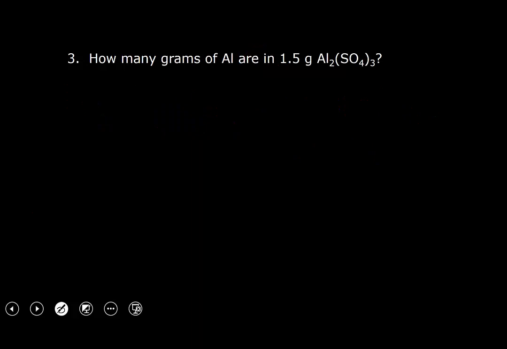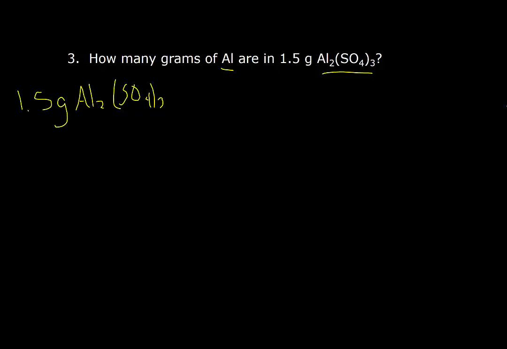And the next question, how many grams of aluminum are in 1.5 grams of aluminum sulfate? So now we're dealing with 2 different compounds, so we're going to have to do our mole-mole ratio on here. So we're starting out with 1.5 grams of aluminum sulfate, Al2(SO4)3. Sorry, my handwriting is not very good when I have to do it like this.